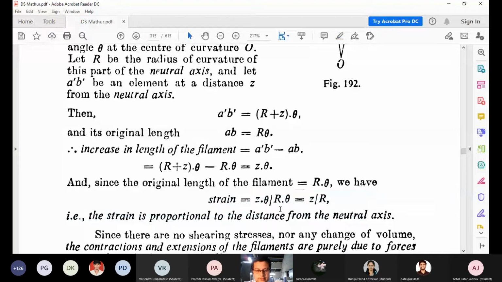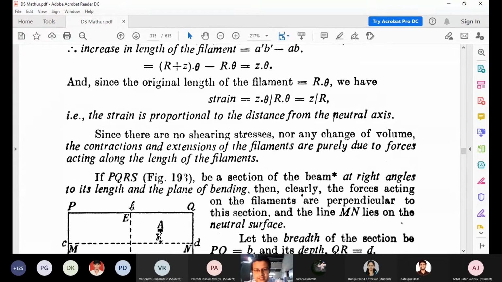I mean to say, this particular strain should be proportional to the distance from the neutral axis, because the expression comes Z upon R. R is the radius of curvature, and Z is the distance from the neutral axis.